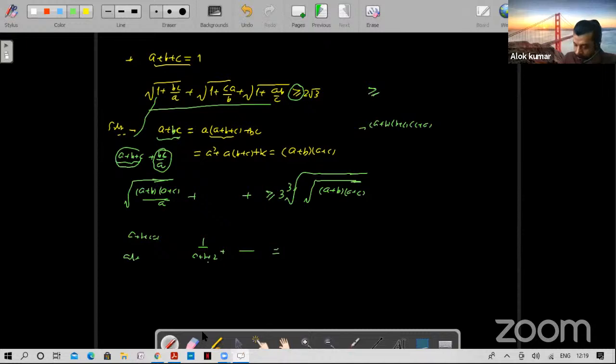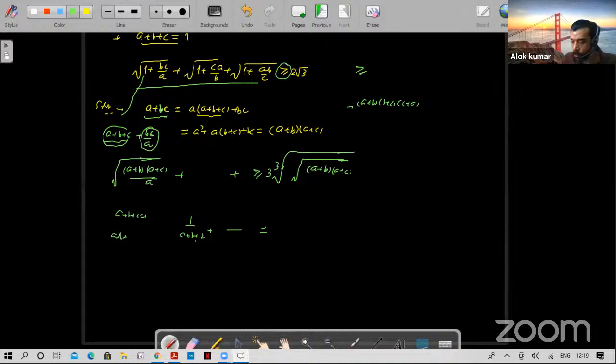Okay, so based on that, I am writing this: 3 times the cube root of (a plus b)(b plus c)(c plus a) upon ABC.